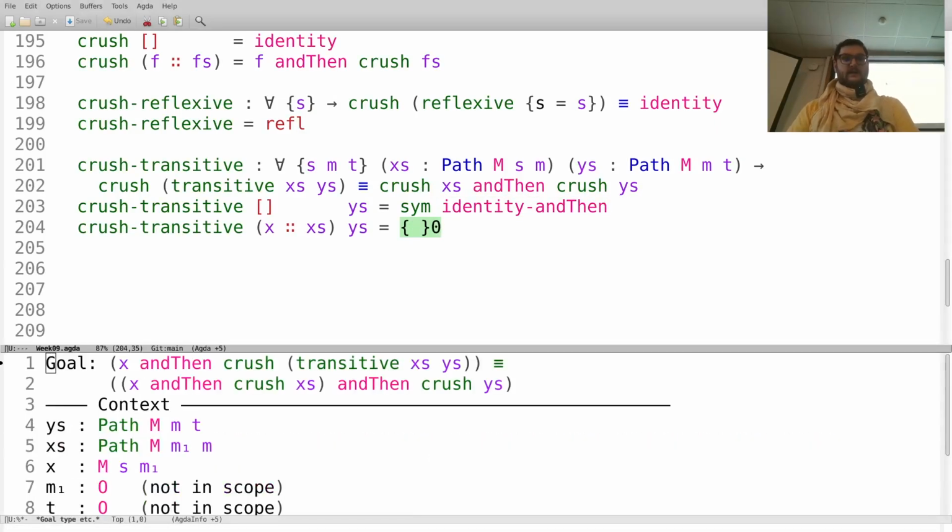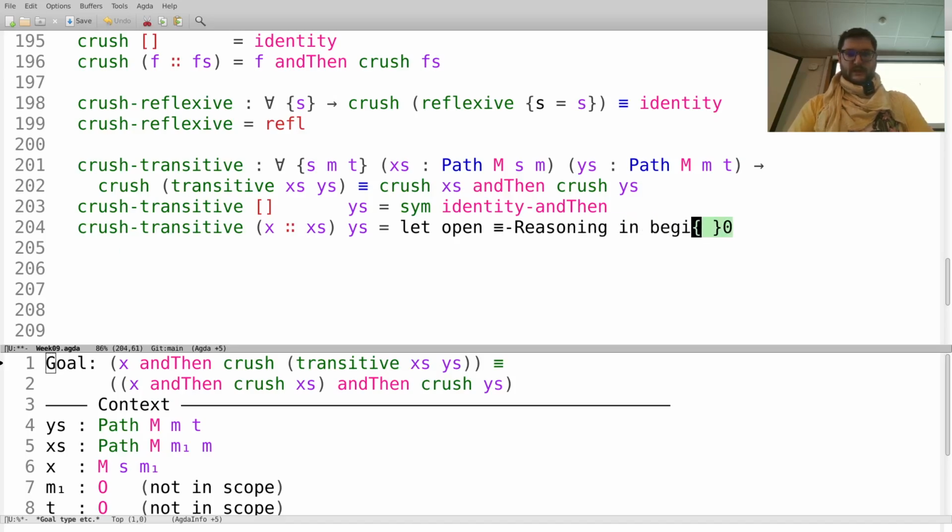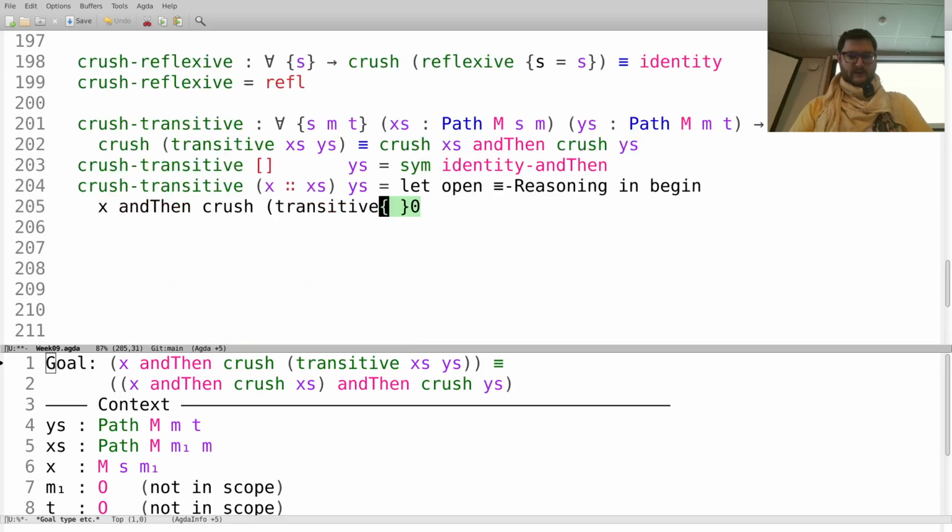And here, well, need to do a bit of equational reasoning again. So we have X and then crush transitive. This is equal to something.